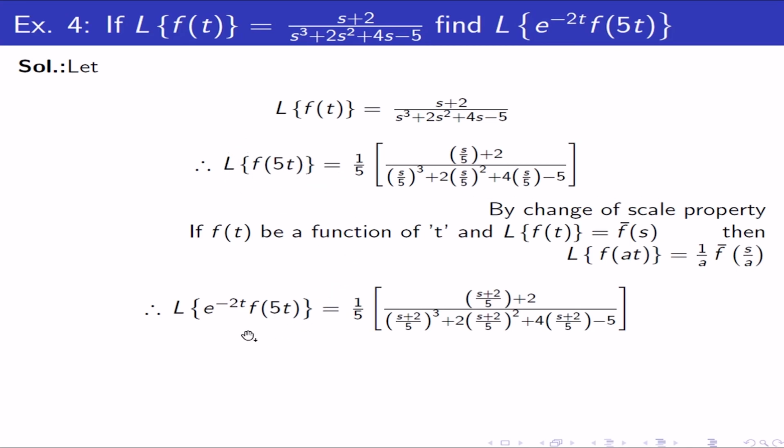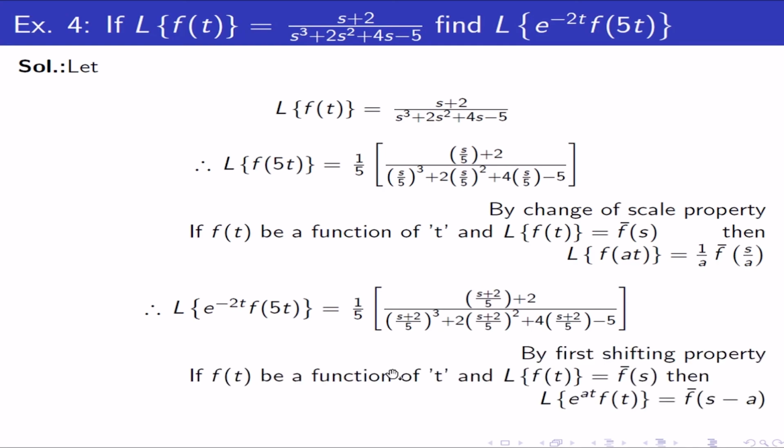Now we want to find the Laplace transform of e to the power minus 2t f of 5t. That is, here the exponential function is a multiple of f of 5t. So here you are supposed to use the first shifting property, and by using the first shifting property, whatever the s in f bar of s will be replaced by s minus a. Here a is equal to minus 2.